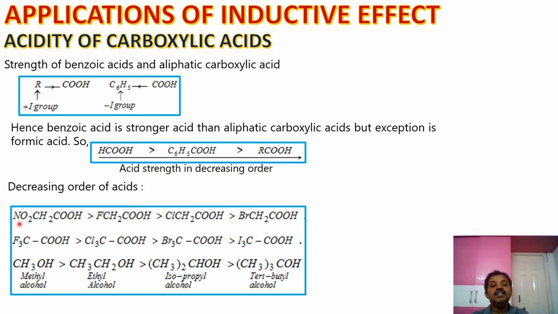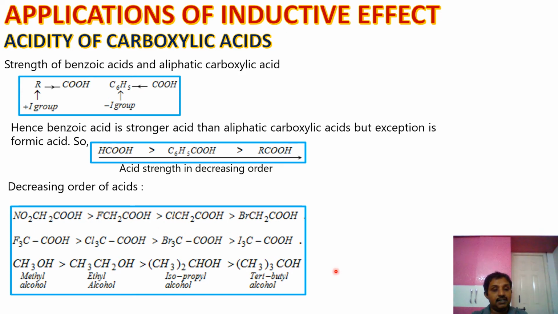So acidity decreases as the electronegativity decreases, as the tendency of attracting or withdrawing electron density decreases. So nitro substituted acetic acid is the stronger acid compared to other acids.